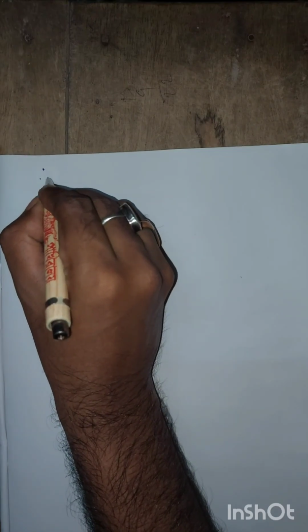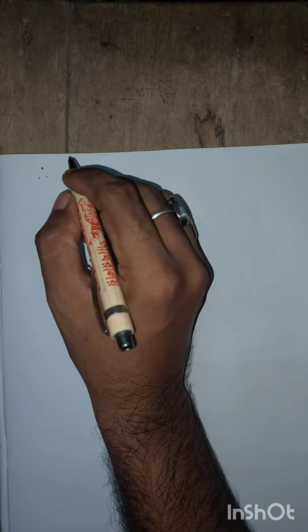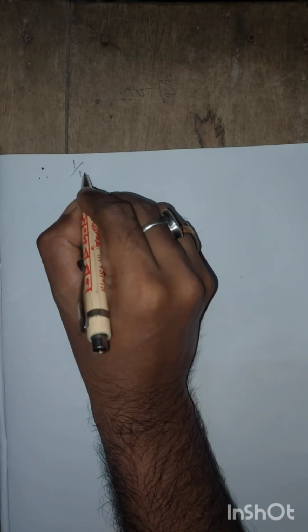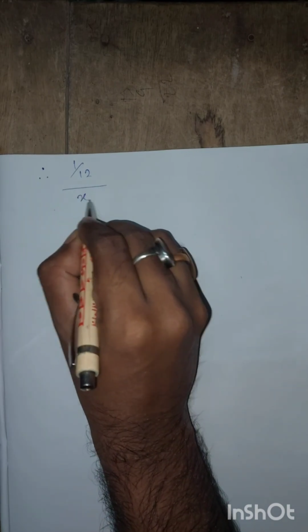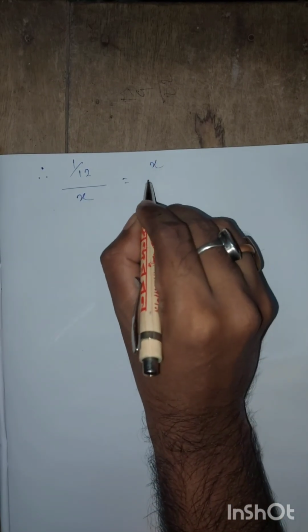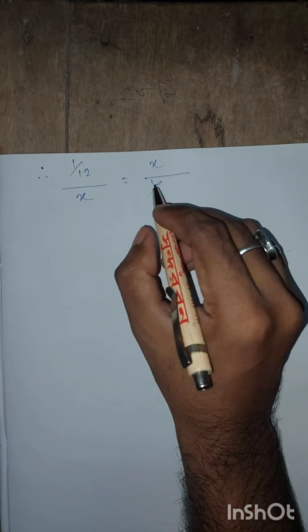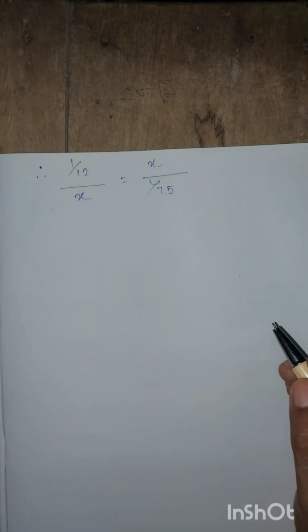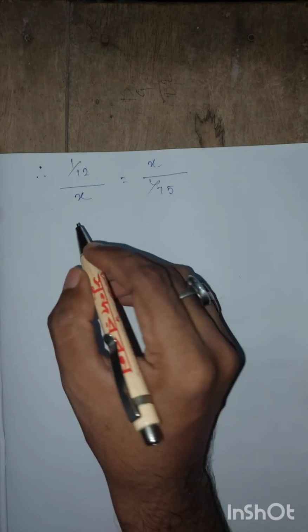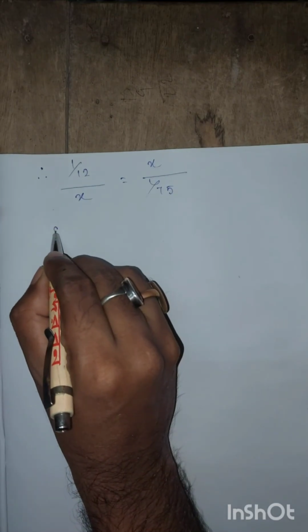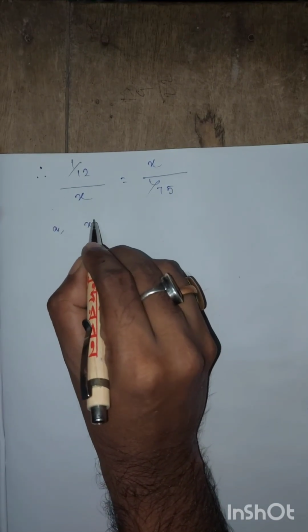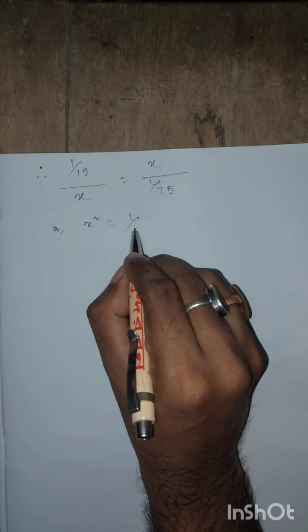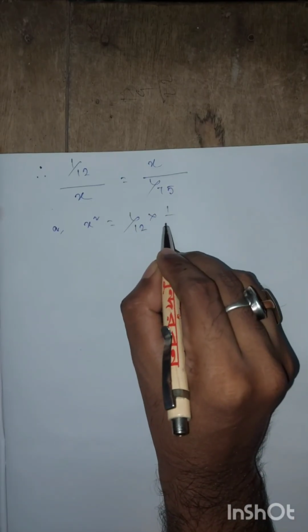Therefore, we can write 1 by 12 by x is equal to x by 1 by 75. Now, if we cross multiply it, we are getting x square is equal to 1 by 12 into 1 by 75.